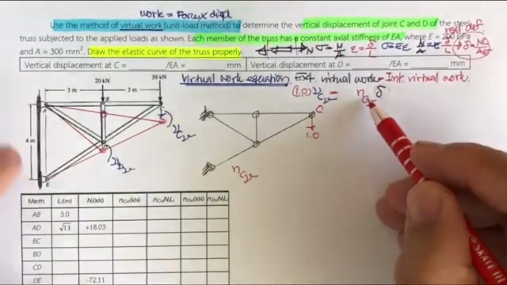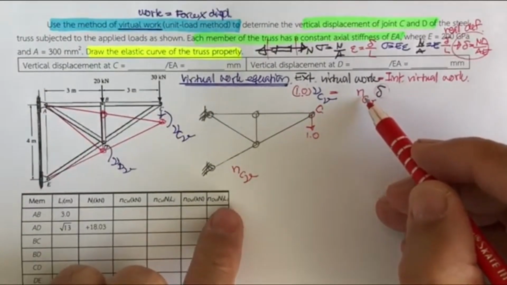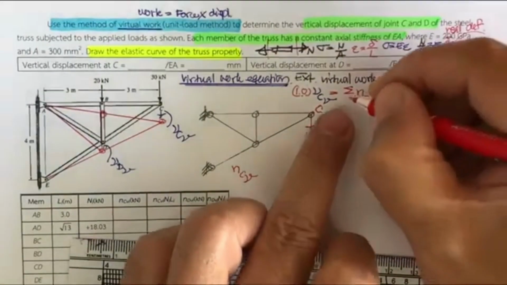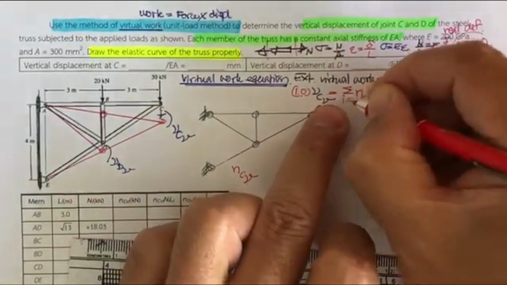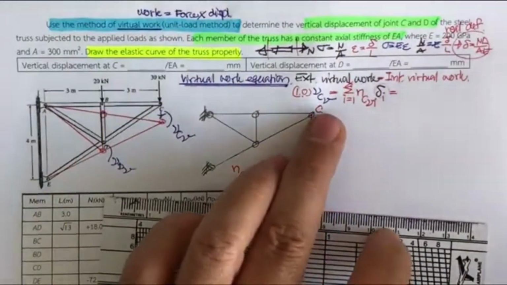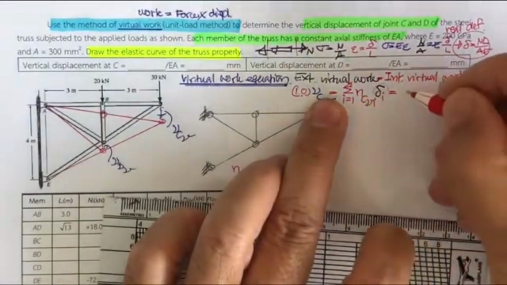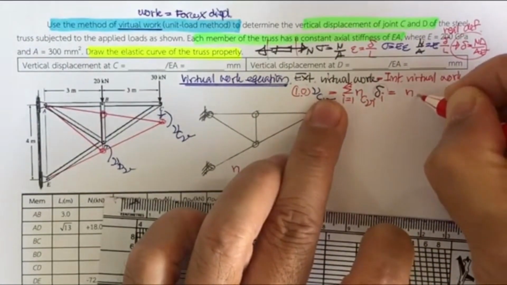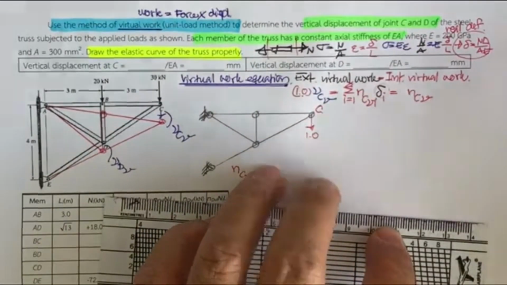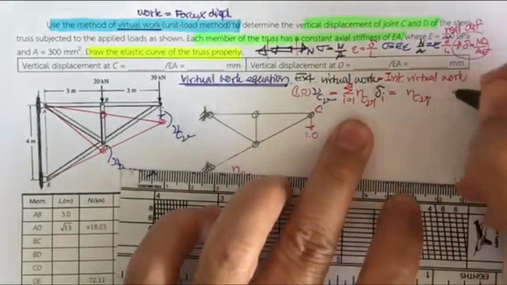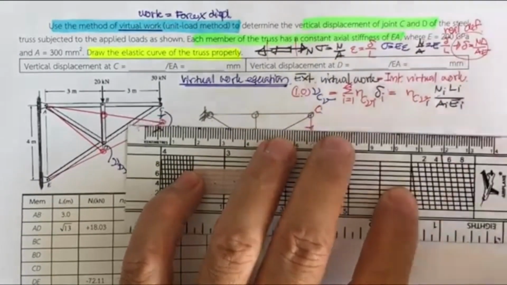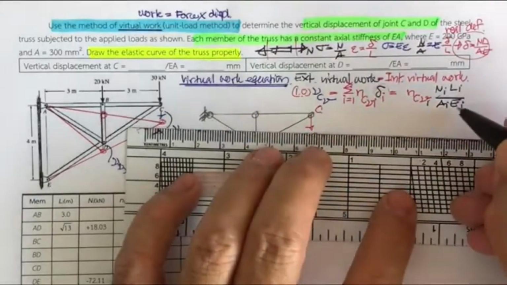This is the real deformation of the truss. When it is multiplied by the virtual internal member force, it produces the internal virtual work. Usually we have many elements, so we sum over i from 1 to x. The equation expands to N, the internal member force due to the force at C in the vertical direction, times N sub i, L sub i, divided by A sub i and E sub i, in case different elements use different materials.